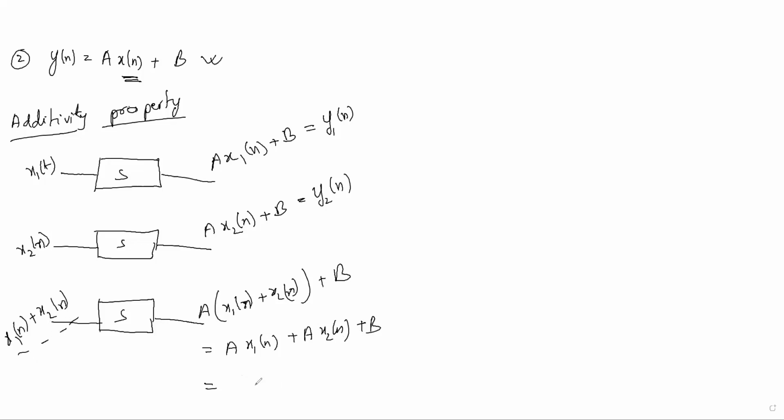If we add the two signals, the output should be the addition of the two outputs, meaning y1 of n plus y2 of n. But if we sum up y1 and y2, twice b will be there, whereas here only one b is there. So this is not equal to y1 of n plus y2 of n. Since it does not satisfy the additivity property, the given system is non-linear.